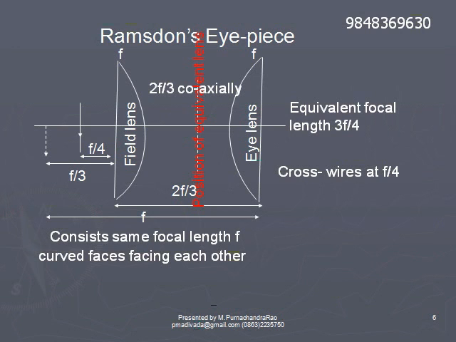These two lenses together act as a single lens called eyepiece. That single lens focal length will be 3f by 4. So these two lenses together equal a single lens of focal length 3f by 4. That is known as its equivalent focal length.